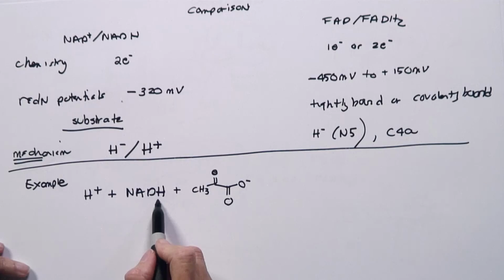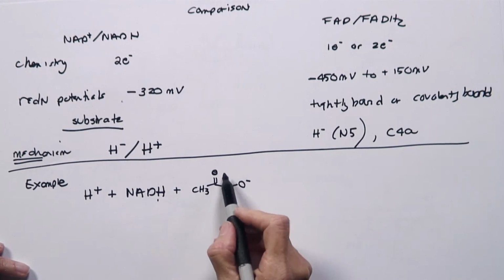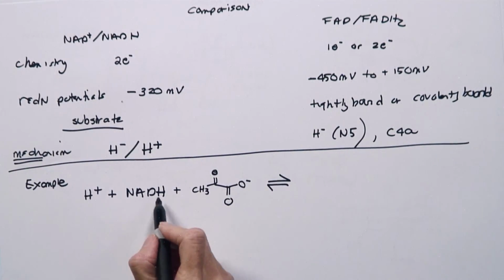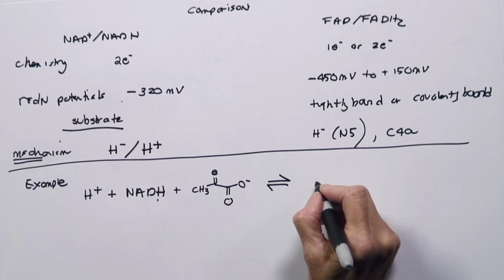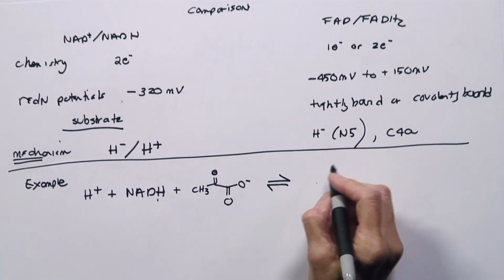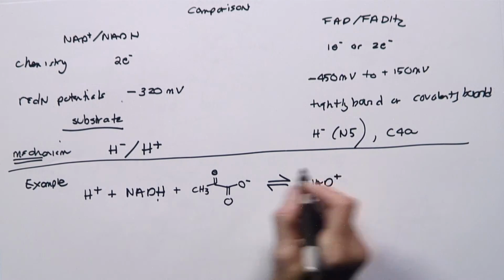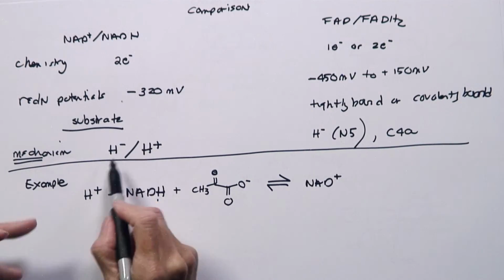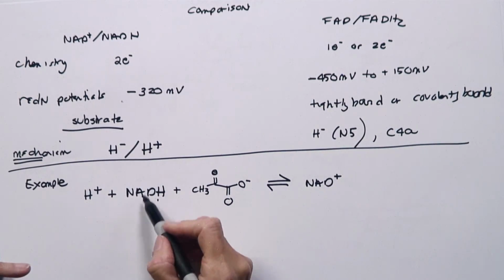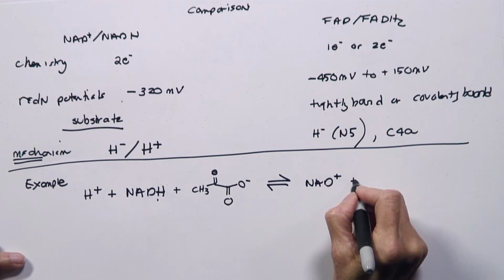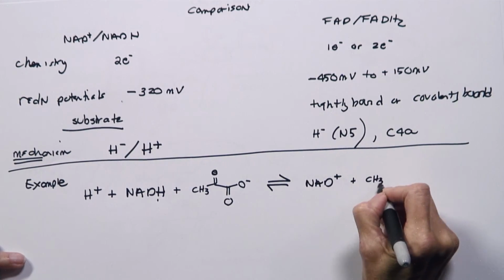So this is the reduced state, and this is the oxidized state. NADH is going to reduce this ketone to an alcohol, and it itself becomes oxidized. NADH loses a hydride and a proton to form NAD, and you generate lactic acid.